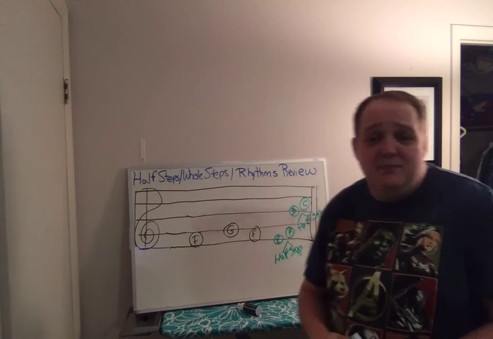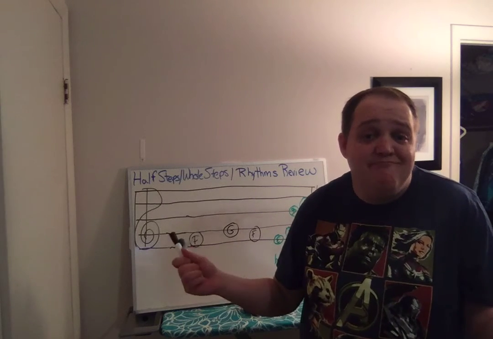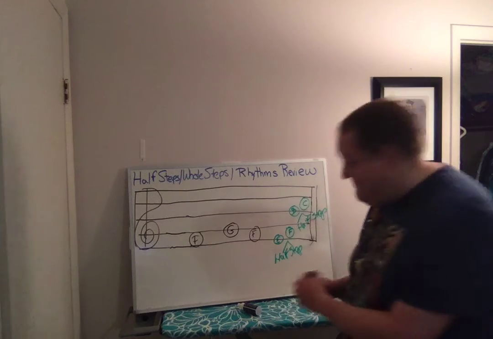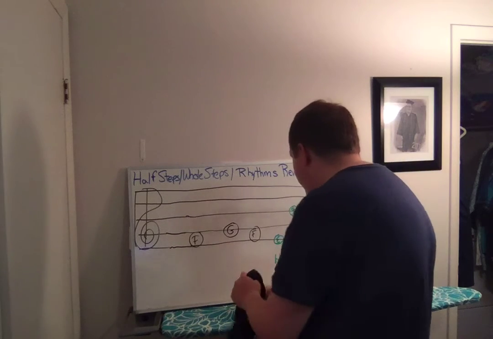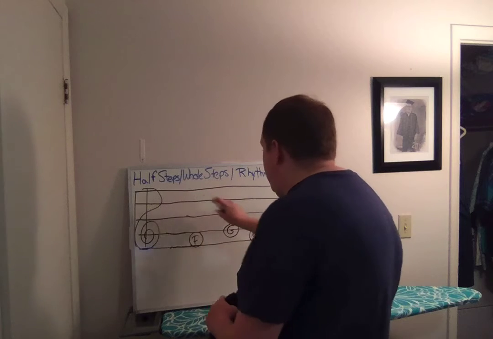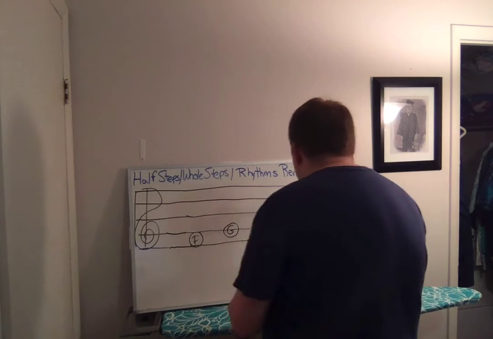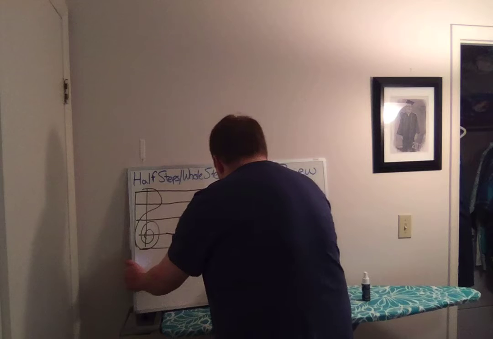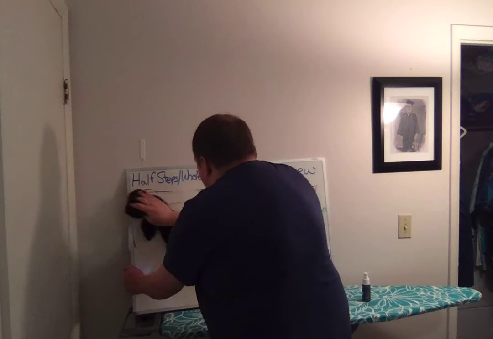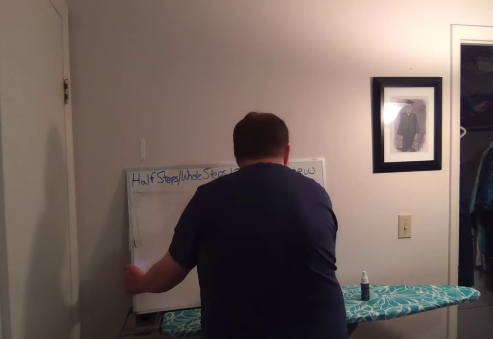Those are the two exceptions. Why? It's just the way it is. Okay? So even though they look like whole steps, they're half steps. Okay. So now that we've done that, I want to quickly review some rhythms.